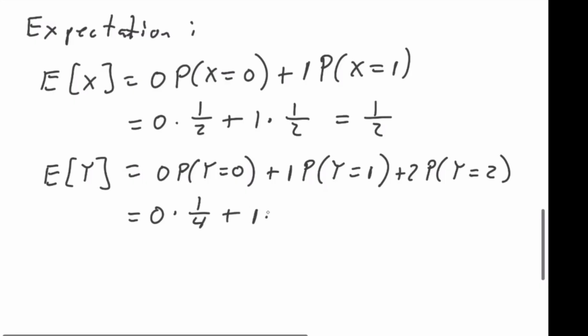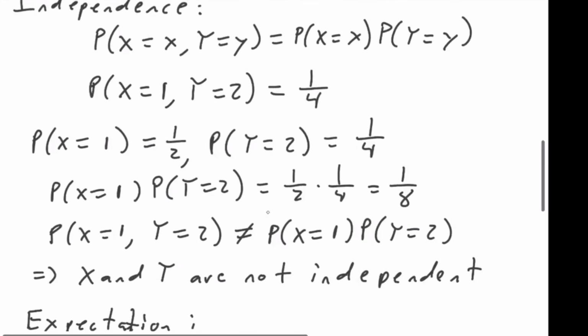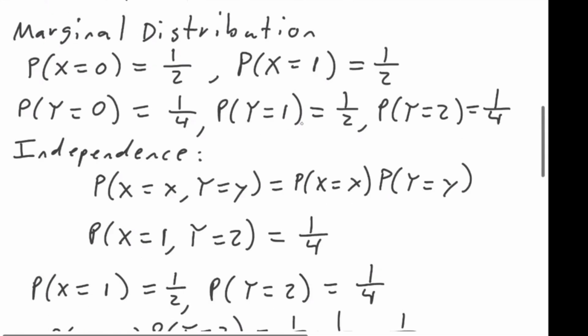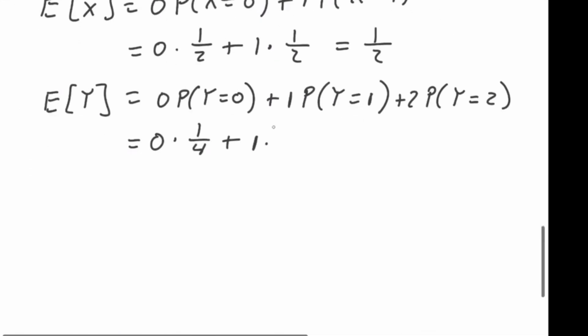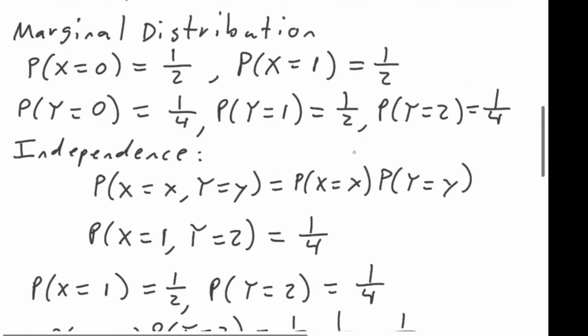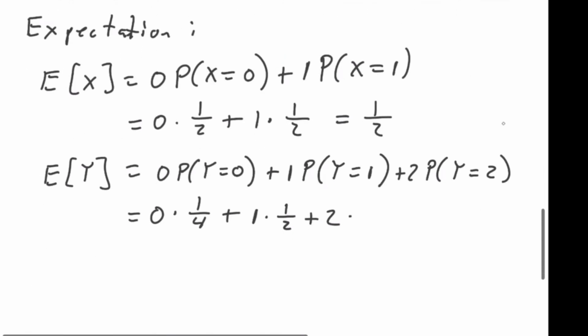Now 1 times the probability that y is equal to 1, which is 1/2. Plus 2 times the probability that y is equal to 2, which is 1/4. All right, so of course that's 0. This will be 1/2. And this will be 2 times a fourth, which is 1/2. So the expected value of y is 1.